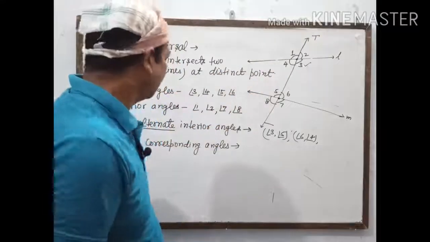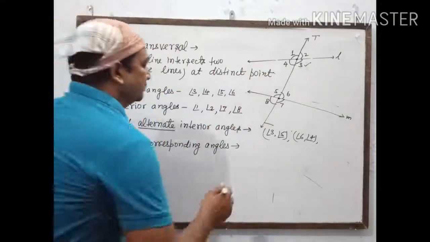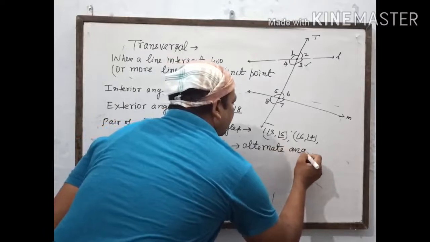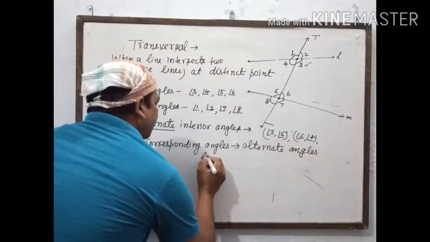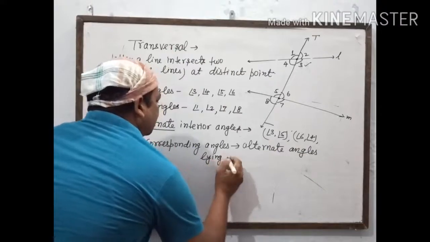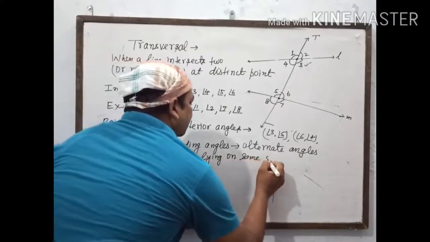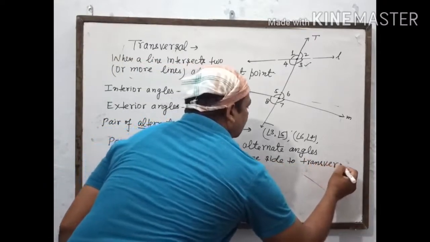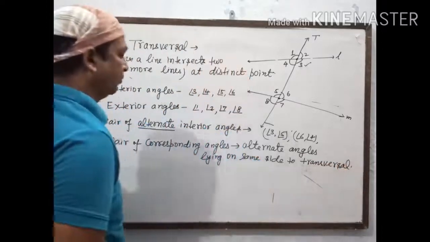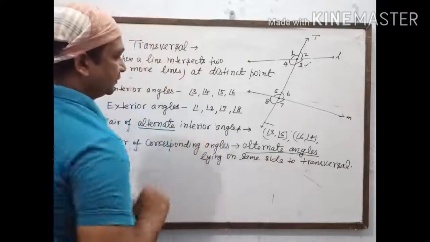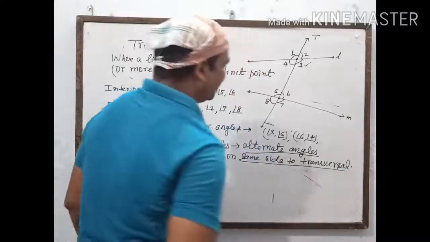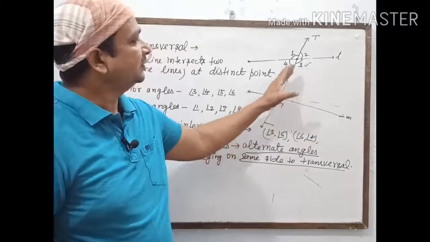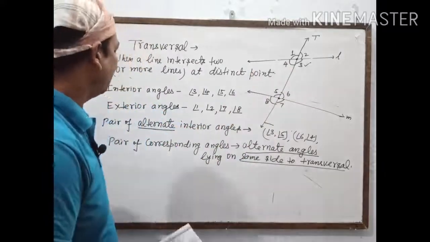What is a pair of corresponding angles? Alternate angles lying on the same side of the transversal, meaning the angles must both be on the left hand side, otherwise the right hand side.